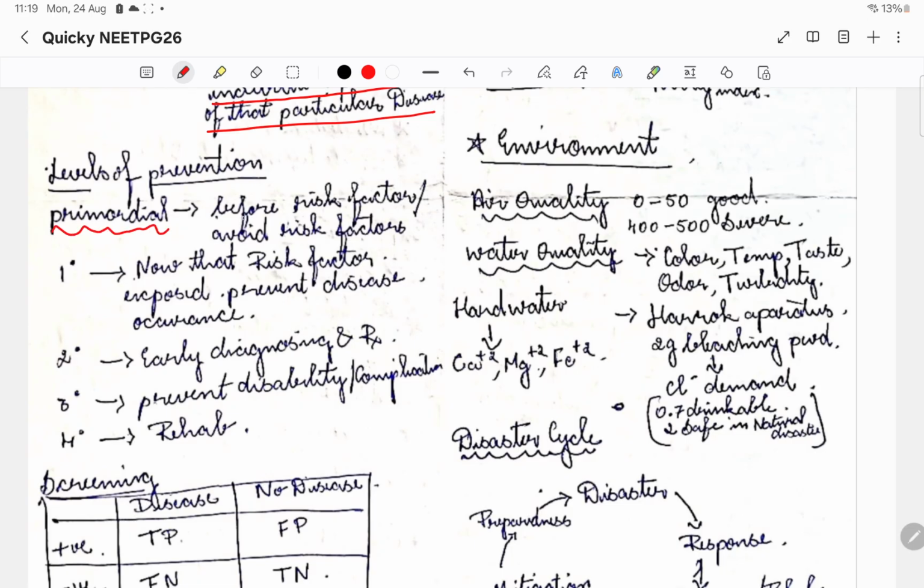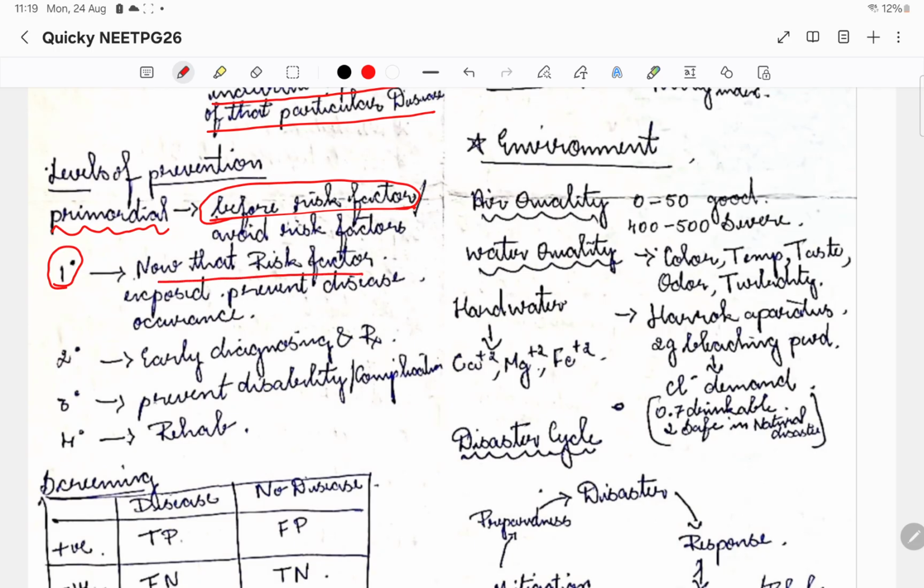Primordial level is before the risk factors. For example, smoking is the risk factor. If we do not smoke at all, then this is called primordial prevention. Then primary prevention is where the person is already smoking.